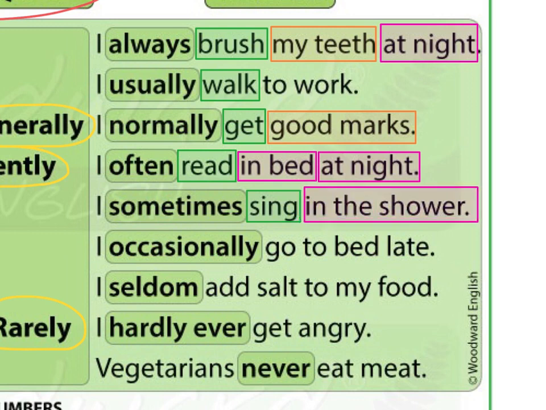In my next sentence, I occasionally go to bed late. I occasionally do what? For this one, I am going to say go to bed. That's going to be my verb. I occasionally go to bed. I seldom add salt to my food.